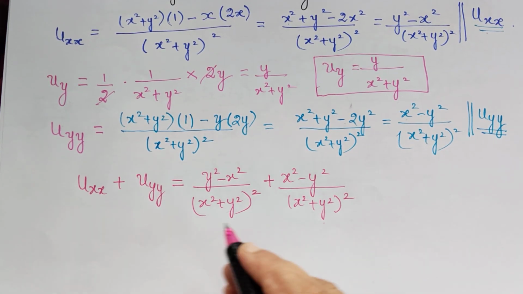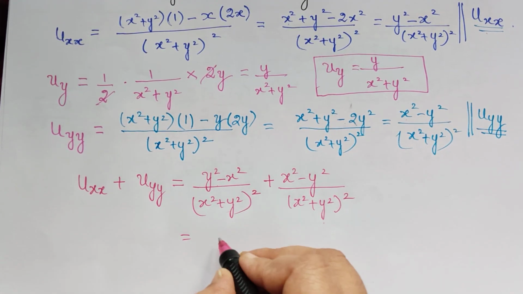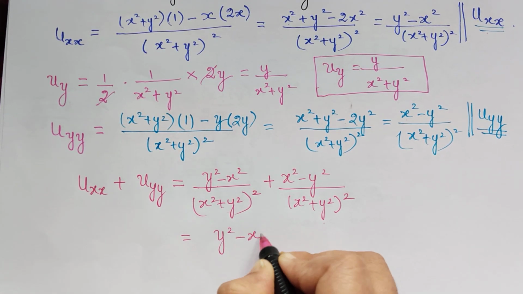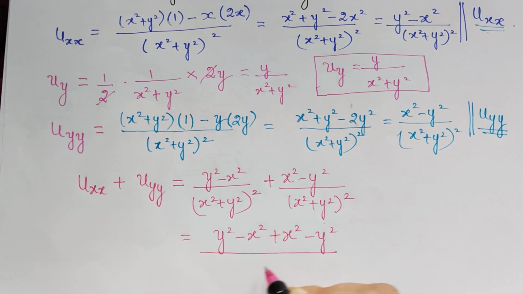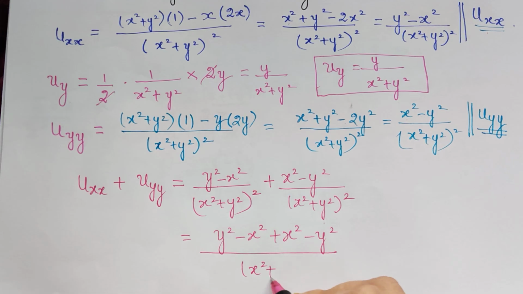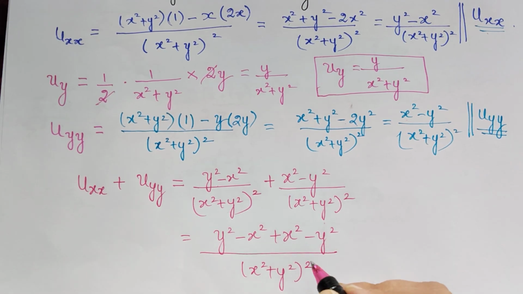So we see that the denominators are same. So when we add the numerators, we get y square minus x square plus x square minus y square, and the whole divided by x square plus y square the whole square.